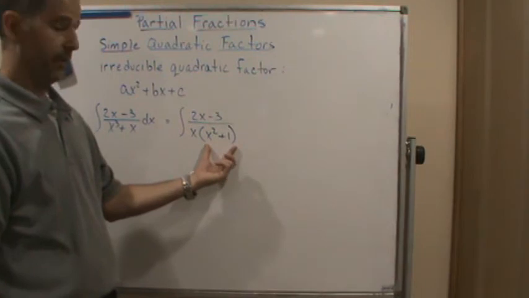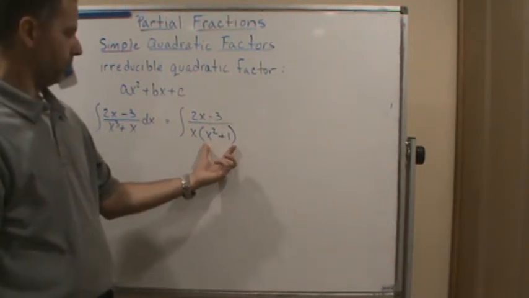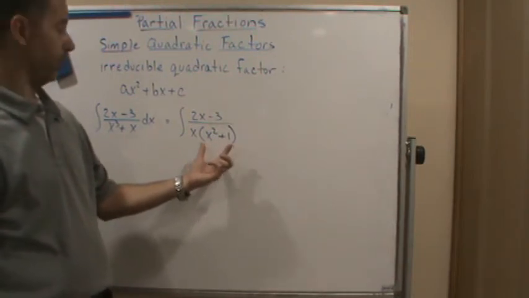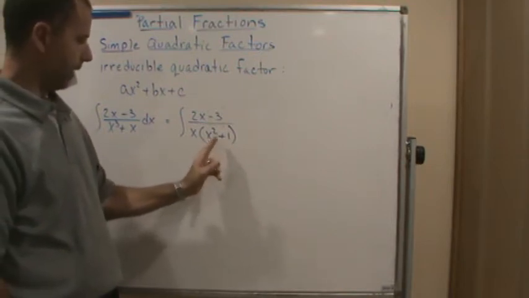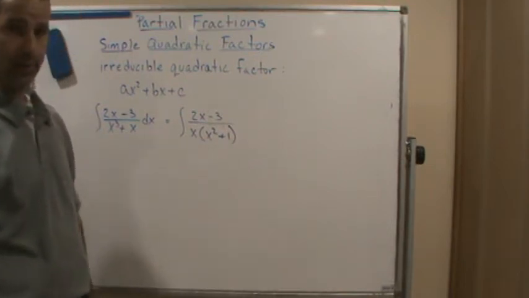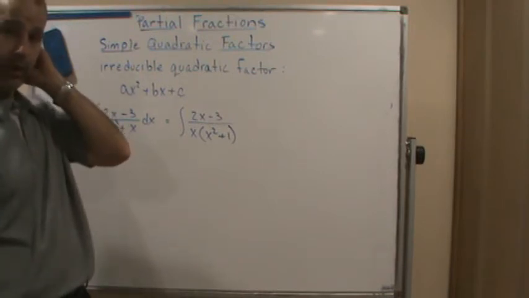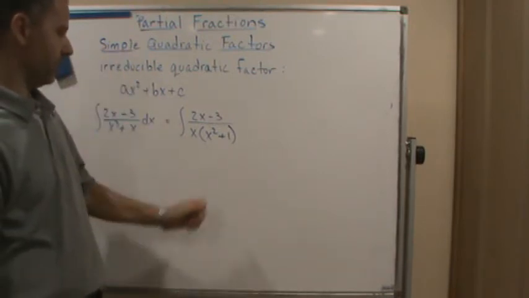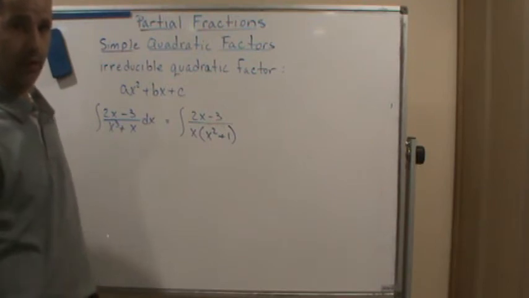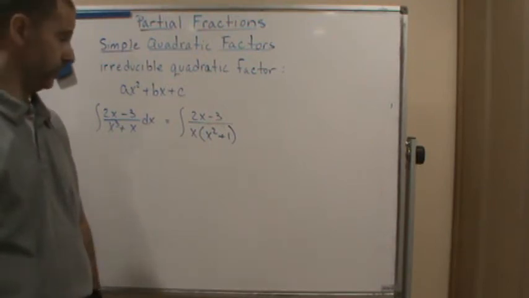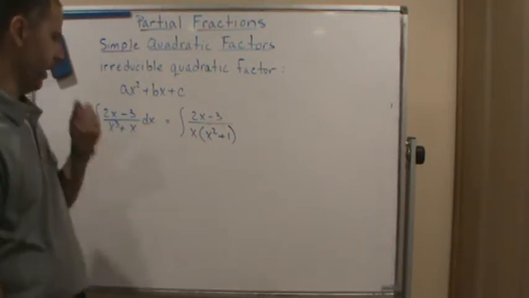This one is a quadratic, and it's irreducible because we can't factor a sum of two squares. If it was a difference of two squares, we could factor that all day long. This is a sum of two squares, so there are no real roots, real zeros for this.